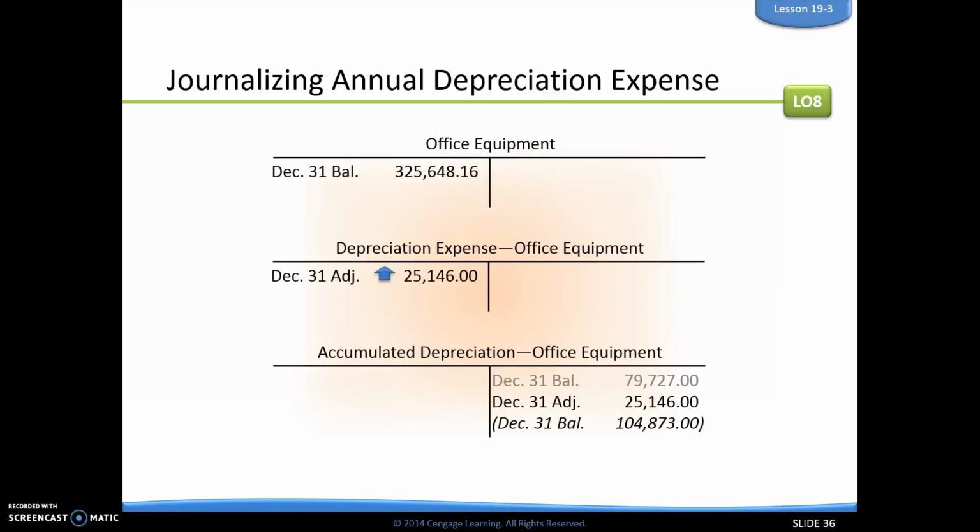We then go to our T accounts and we think about it this way. Remember, we're not actually going to touch our plant asset office equipment. Instead, where we record this adjusting entry is in the contra account accumulated depreciation. And so our depreciation expense gets a debit and the accumulated depreciation gets a credit, which I alluded to when we talked about that in section 19.1.